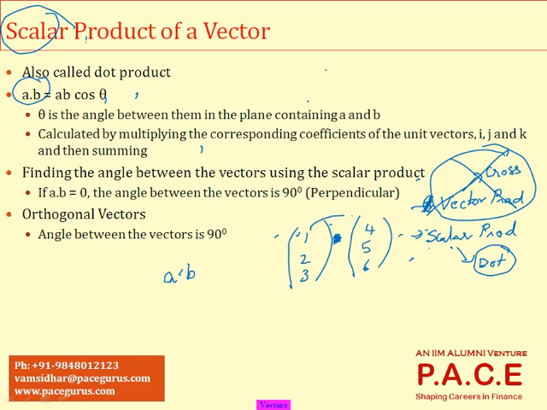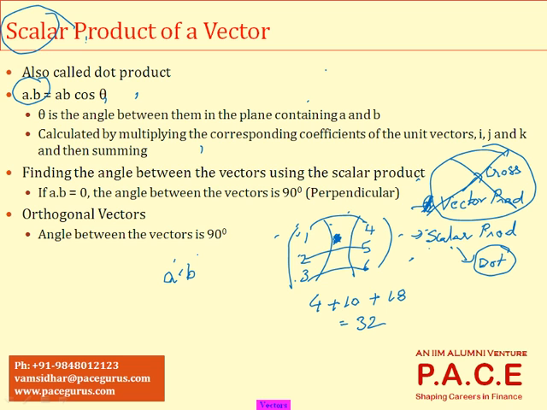One is you just multiply the x-axis values with the corresponding x-axis values, the j's component with the j's, k with the k, and then add it up, sum product. Which is nothing but 1 into 4, 4, plus 2 into 5, 10, plus 3 into 6, 18. 28 plus 4, 32 is the scalar product of these two vectors.